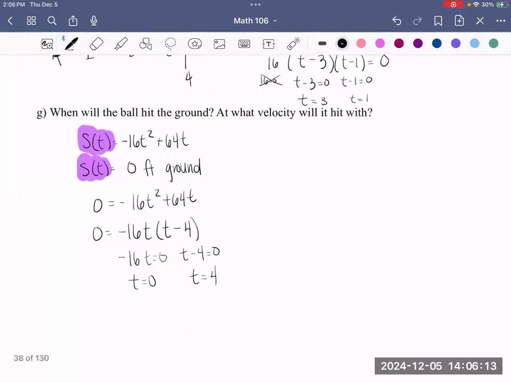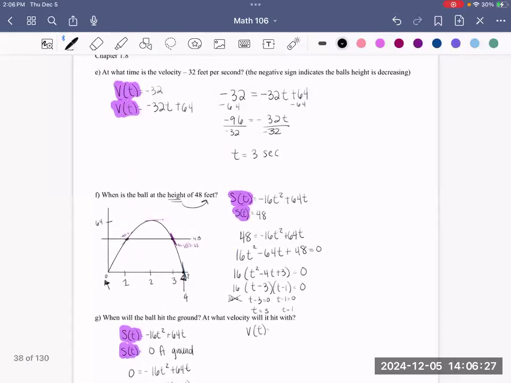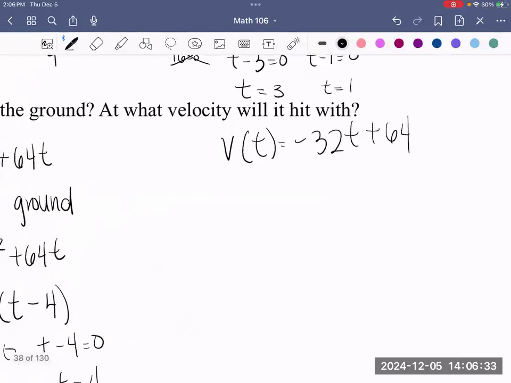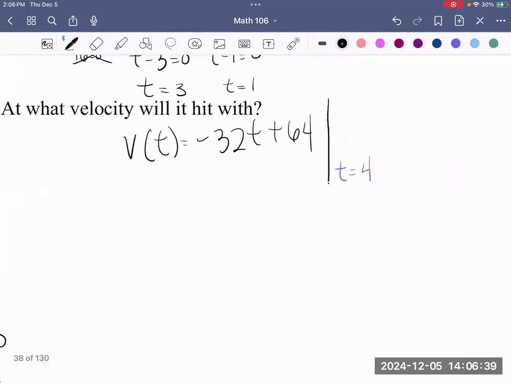And when it says, what velocity will we hit with? We want to know how fast it will strike the ground. So we get your velocity equation, which was negative 32t plus 64. We want to know, at 4 seconds, how fast will it hit the ground?